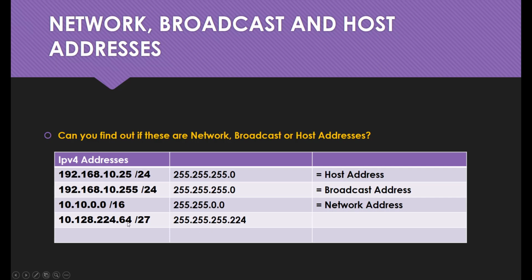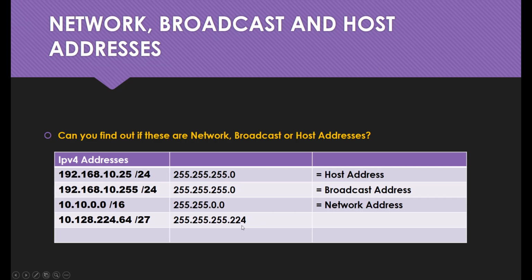And if you remove 24 from 27, we'll have 3 bits extra. So it means that from the fourth octet, we have 3 bits that are network bits, and we should have the remaining 5 bits for host portion.